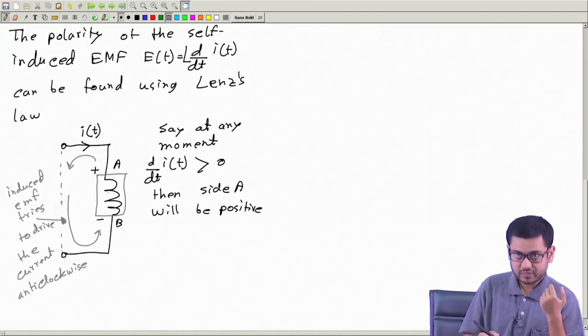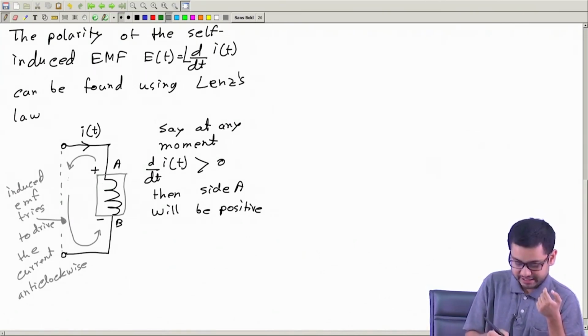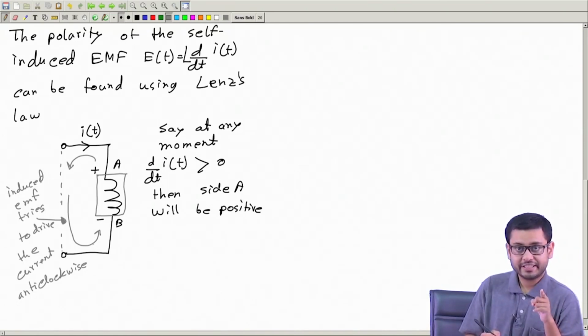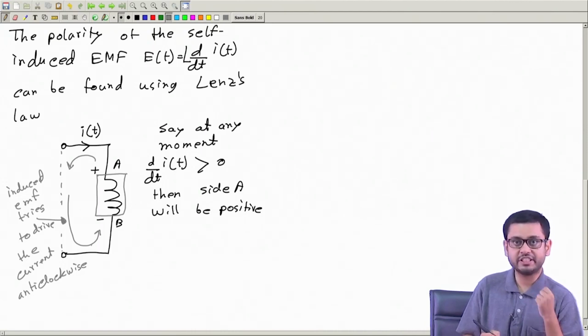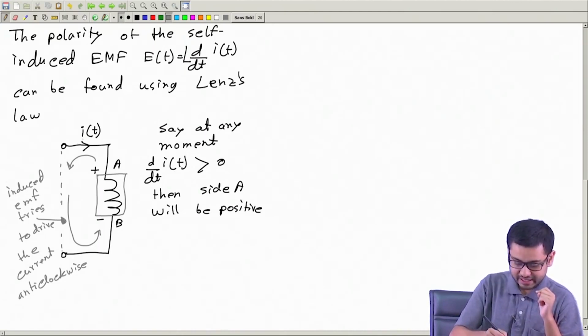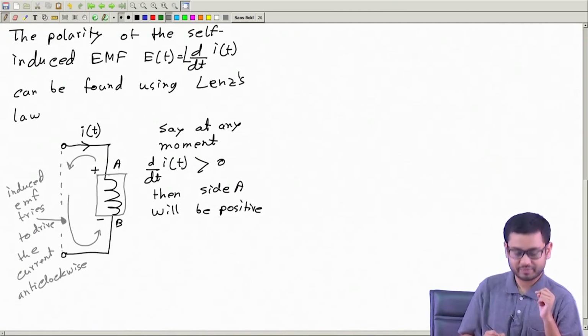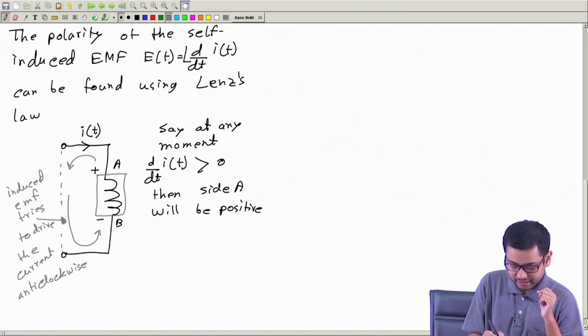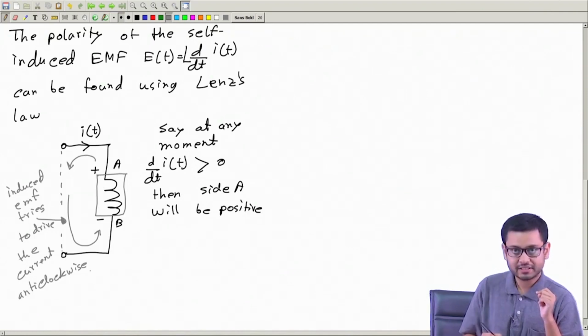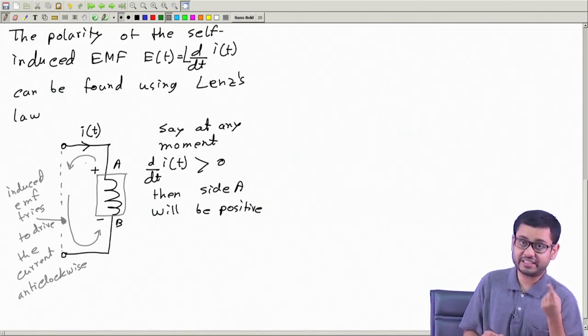You see that this induced current is actually opposing the cause of the induced EMF. What was the cause of the induced EMF? It is this IT which was increasing. IT is flowing clockwise and that was increasing, and this induced current is therefore flowing in the opposite direction.